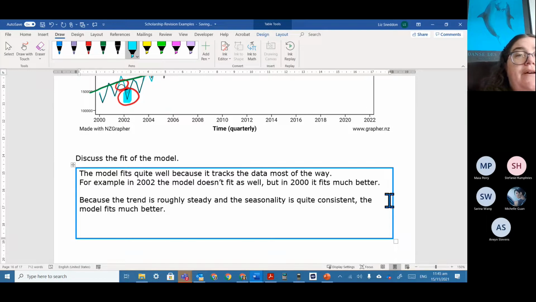So if you didn't have a nice seasonal pattern, the model wouldn't fit as well. If your trend changes direction, those are going to be where the model doesn't fit as well. So those are all things that contribute to how well the model fits. Just like with the bivariate, that clustering affects how well the model fits.